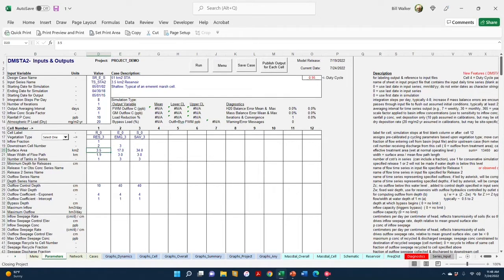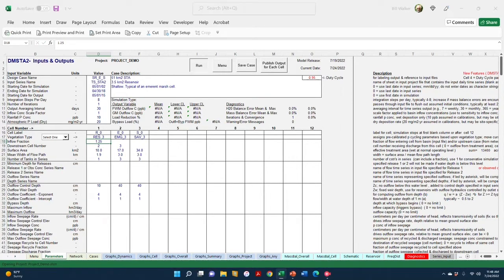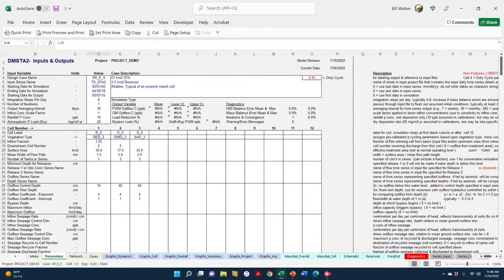But if we change that to say, I don't know, 10. Let's see. But since this case already meets the Q-bell, if you add more upstream, I'm just going to increase the load by 25%.